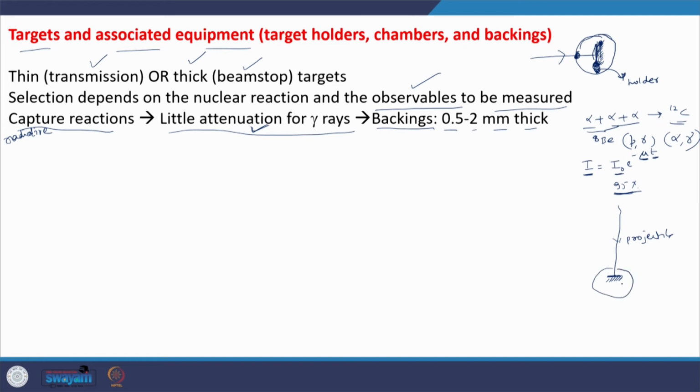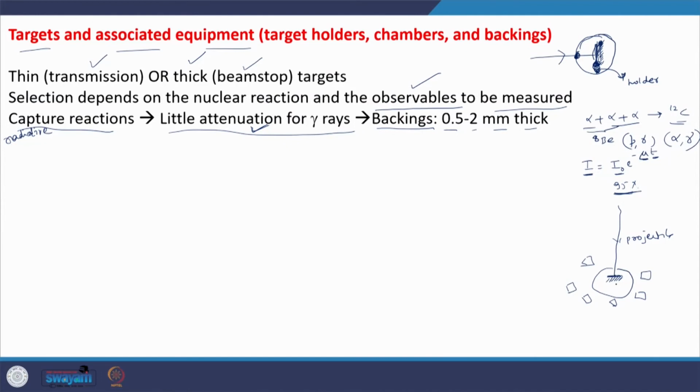Now, I can place gamma detectors at any angle of my wish, if I have enough money and a good number of detectors. I can afford to place detectors behind the target material and at the sides of the target material, because the thickness has been chosen such that there is very little attenuation of gamma rays.